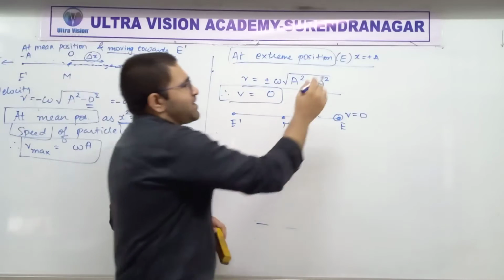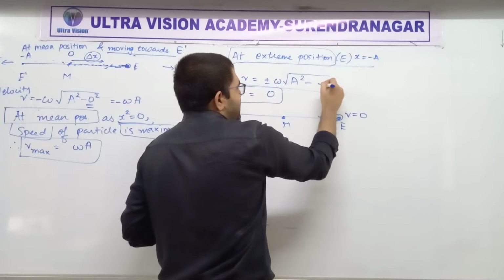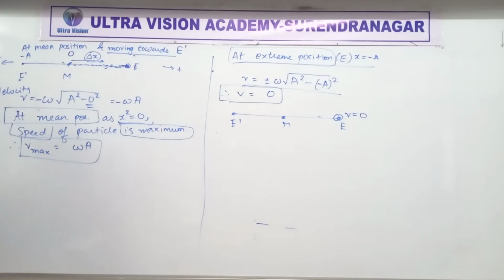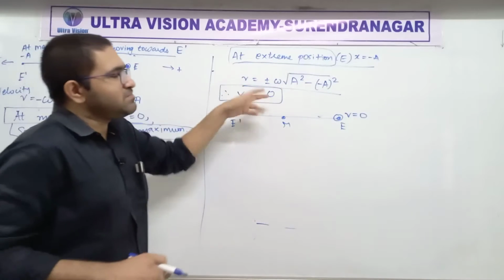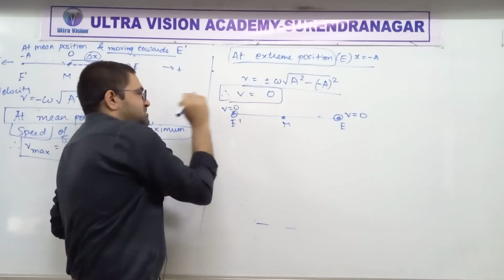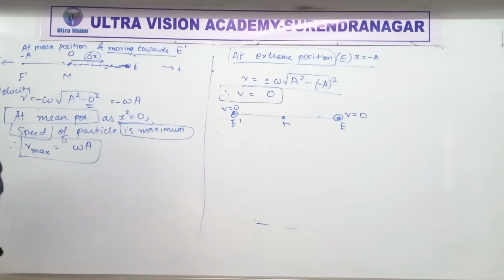Even if I would have put x equal to minus A, do you realize that here it doesn't make any difference? Because minus A square is once again a square, so this would still be 0. So whether here or here, at both these places, the particle has 0 velocity or 0 speed.